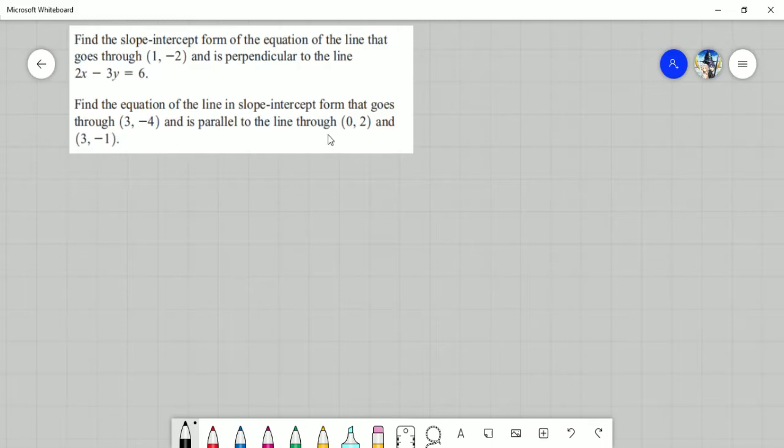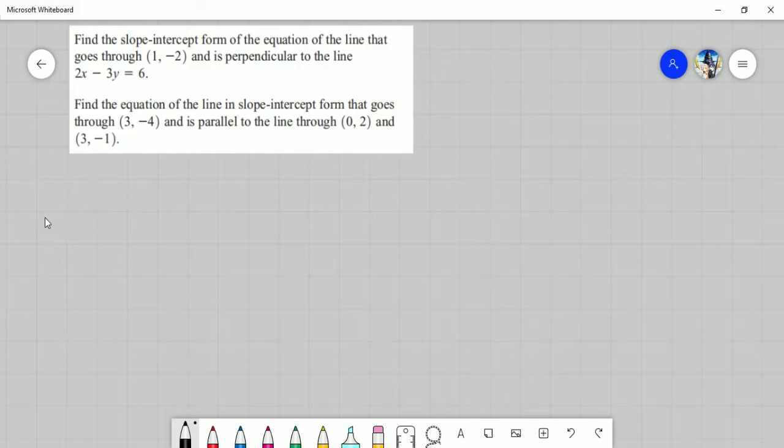We don't need to find the equation of this line because all we need is the slope. If it's parallel, the two slopes are equivalent, so if we find the slope of this line with those 2 points, then we automatically know the slope of the line we're trying to find is the same.